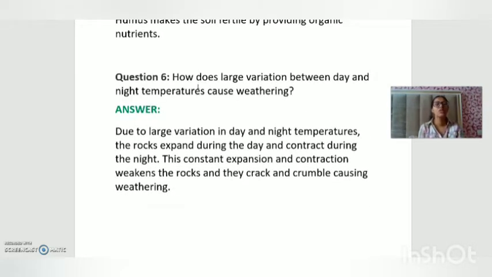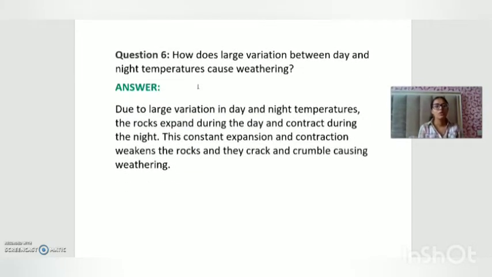Moving further, what does question number 6 say? Question number 6 is, how does large variation between day and night temperatures cause weathering? Due to large variation in day and night temperatures, the rocks expand during the day and contract during the night.